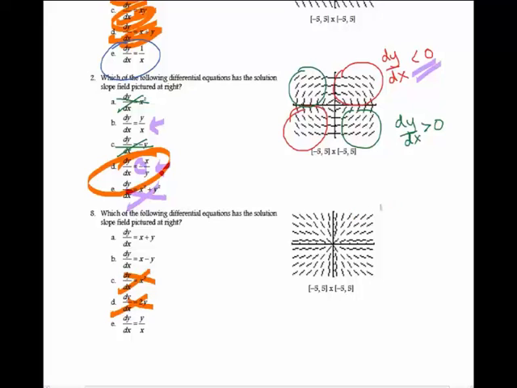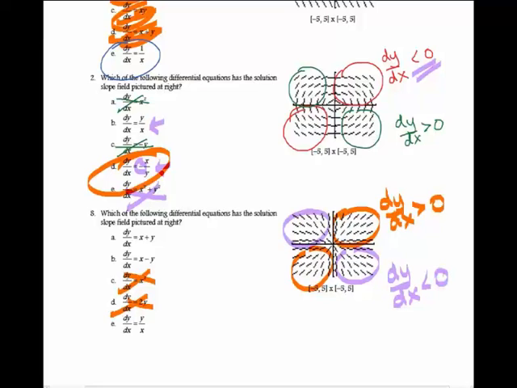What else do you notice? Well, in quadrants 1 and 3, we have positive slopes, and in quadrants 2 and 4, we have negative slopes. Okay, and kind of looks like the slopes are doing what as we approach the x-axis?